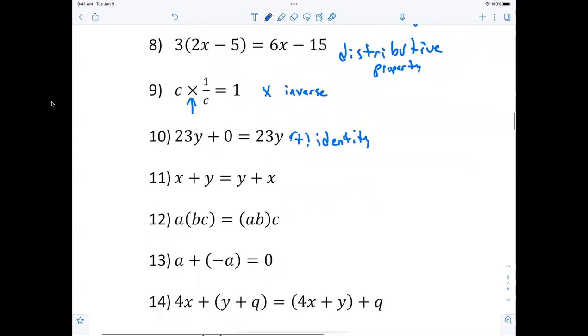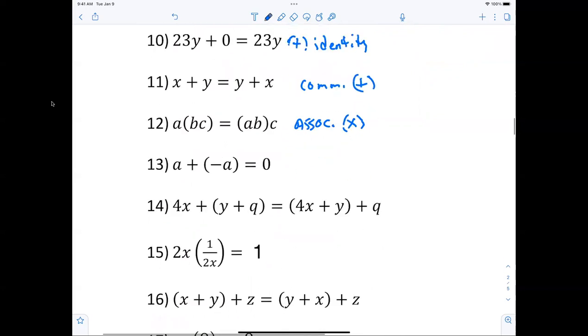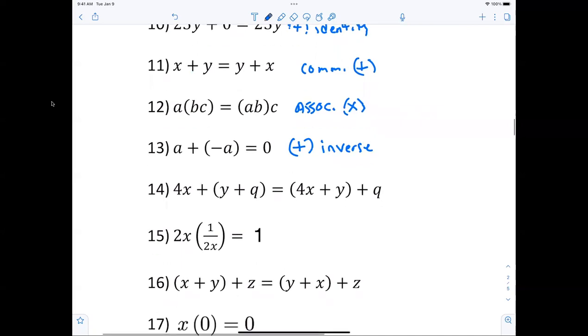Number 11, commutative property of addition. And then 12, associative property of multiplication. 13, additive inverse, thank you. 14.